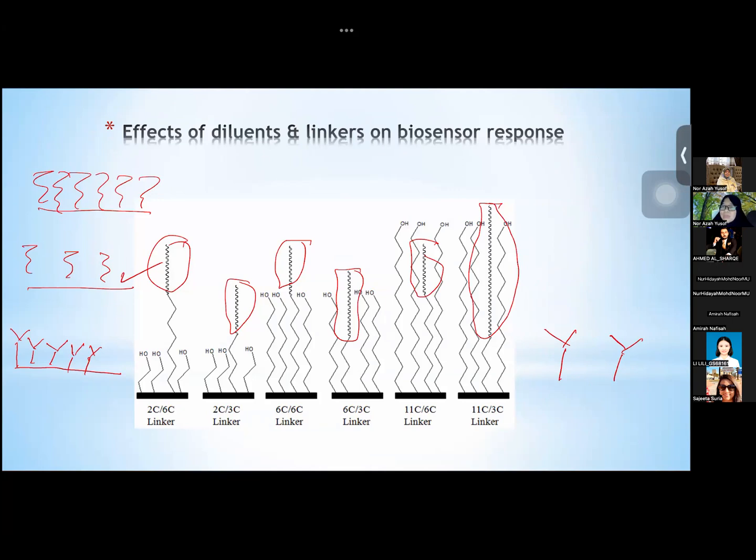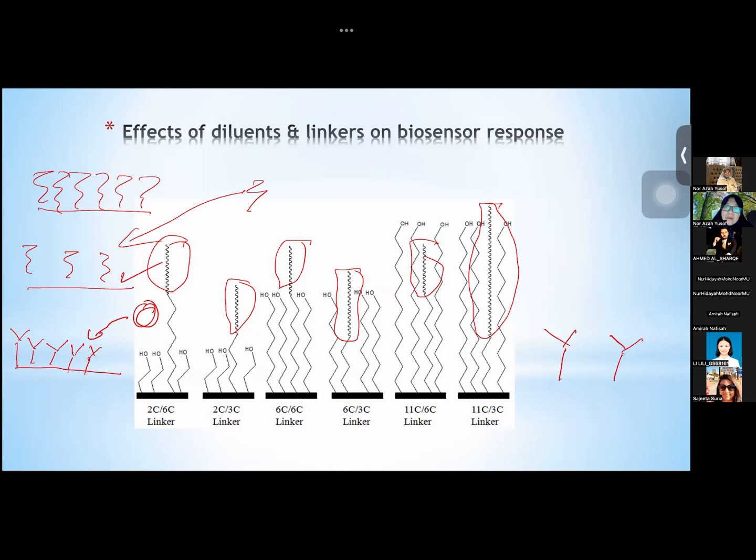We don't want them to get tangled, because we want to make sure when the target DNA comes to the probe, they have enough space to interact. And let's say you have the antigen. I hope that you know what is antigen by now. They have enough space to interact with the antibody.